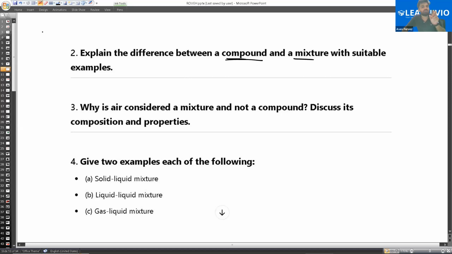In compounds, the constituents do not show their properties, while in mixtures, constituents show their properties. In compounds, constituents cannot be separated by simple physical methods, while in mixtures, they can be separated by simple physical methods like evaporation. Okay, so this is the way we can do it.